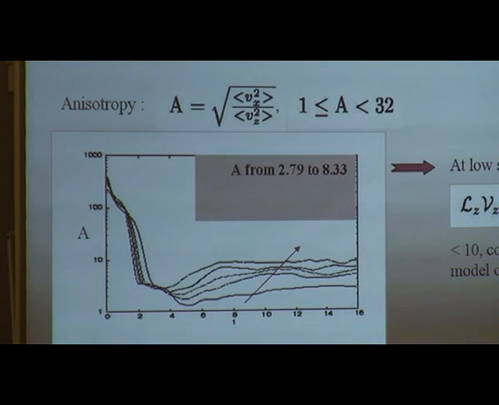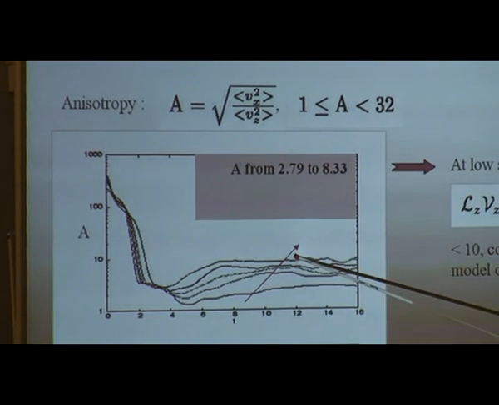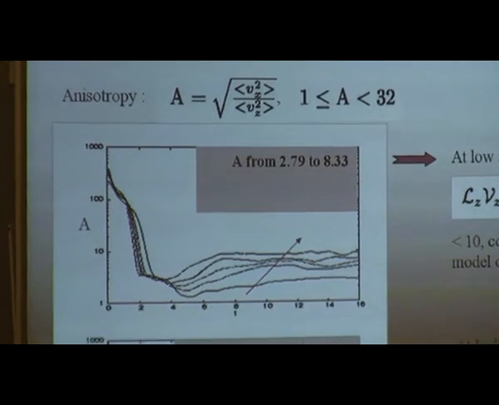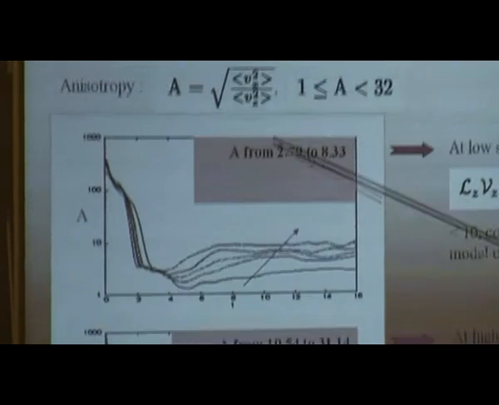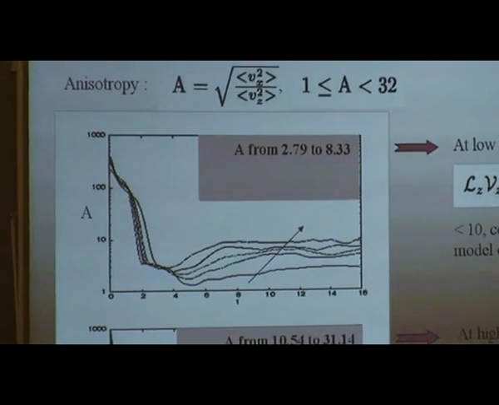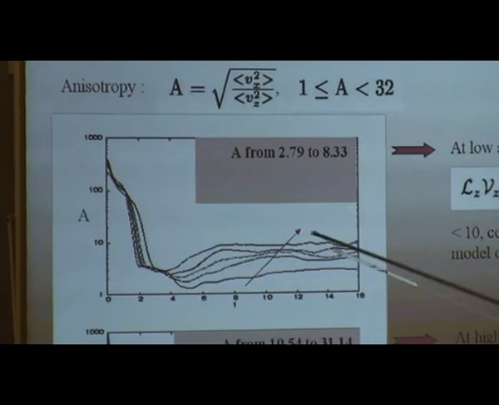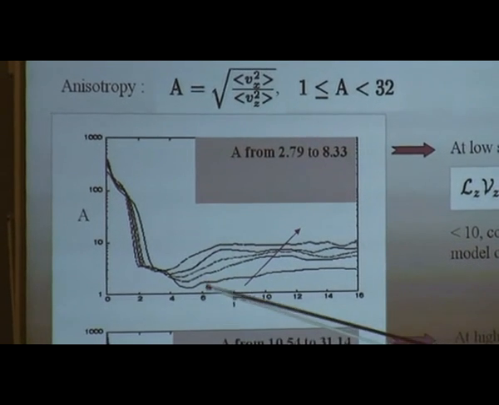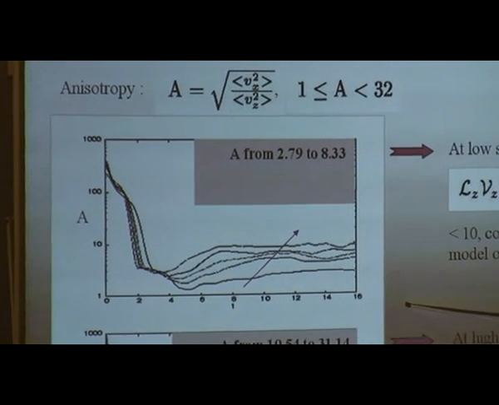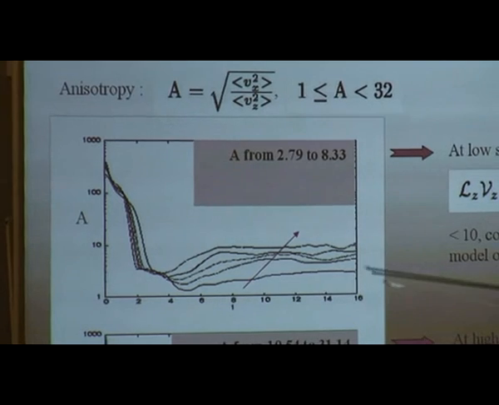What we selected to present for the PhD is a set of 10 simulations with the average anisotropy calculated over this time box. So time is between 6 and something like 80, so it's dimensionless.